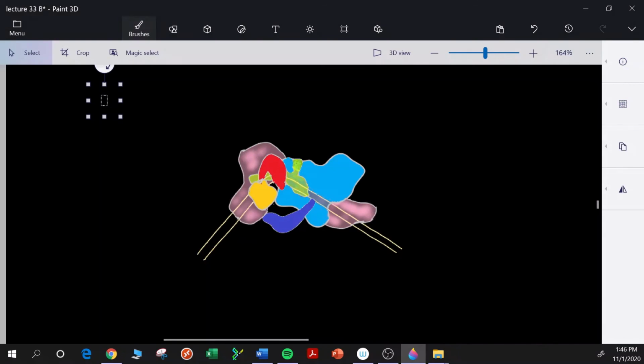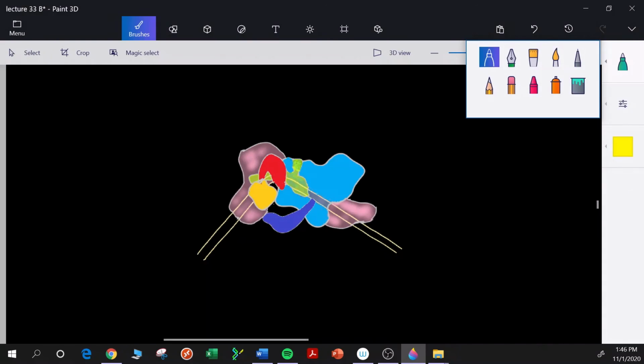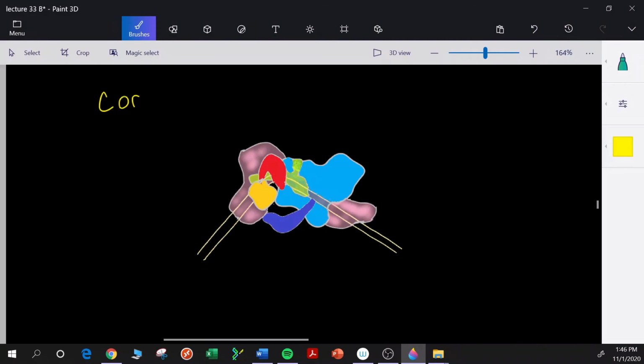What we did was we added TF2F here. Again, we don't really know what else it's interacting with, so we have it just interacting with RNA polymerase II, and it's helping position RNA polymerase II onto the core promoter. And we can't really see the +1 site anymore. The +1 site's going to be in here somewhere.